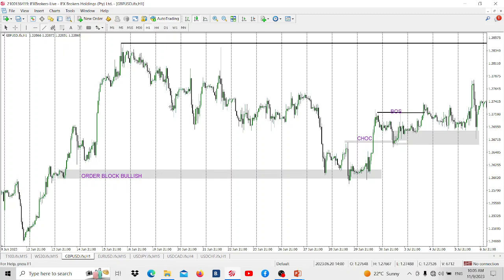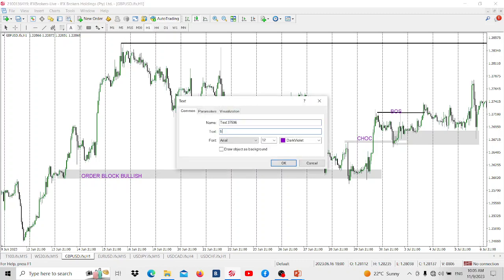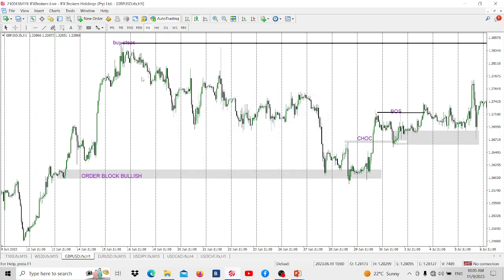And a telltale sign, because above I got here is what is called buy stops. That will be buy stops, right? We are hunting liquidity, buy stops, right?